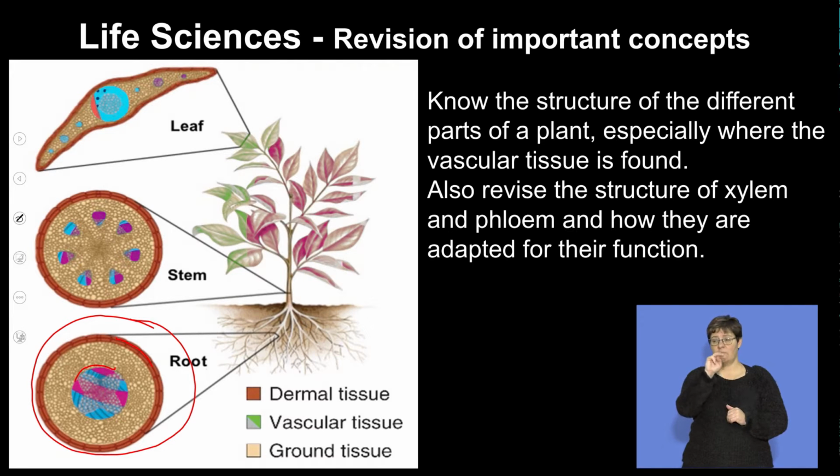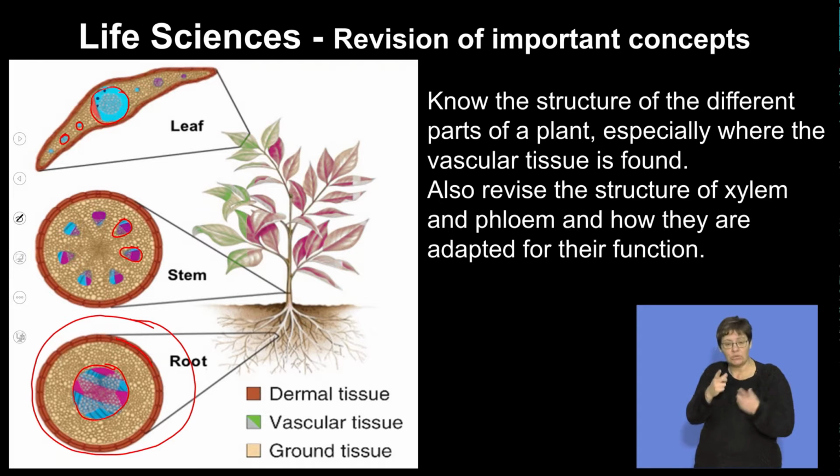And the most important thing we're looking at now is the vascular tissue in the center, namely the xylem and phloem. If we look at the stem, the vascular tissue is found in the vascular bundles where the xylem and phloem is. And if we look at the leaf, we have the main vein and the side veins, which have the vascular tissue, because it's the vascular tissue that is actually going to be doing the transporting of water.